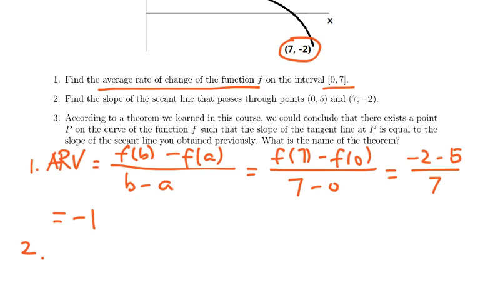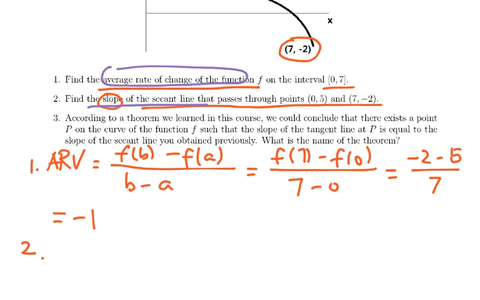For the second part, we want to find the slope of the secant line that passes through the points (0, 5) and (7, -2). Basically, the slope of the secant line has the same meaning as the average rate of change of the function from 0 to 7.